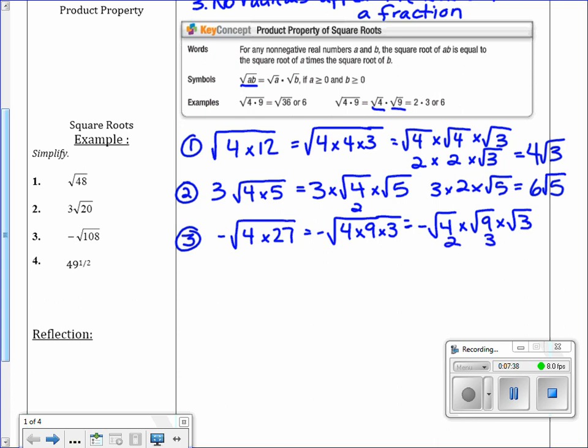That's 3. That's an irrational number, so we'll leave it as is. So our answer is going to be negative 6 times the square root of 3. That negative sign just comes along for the ride. If it's a negative square root at the beginning, it's going to be negative at the end.